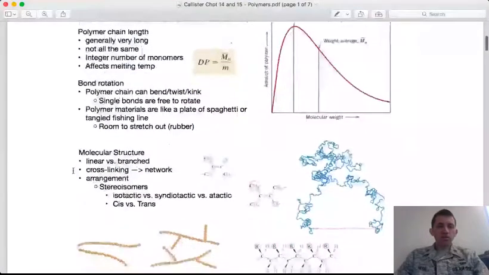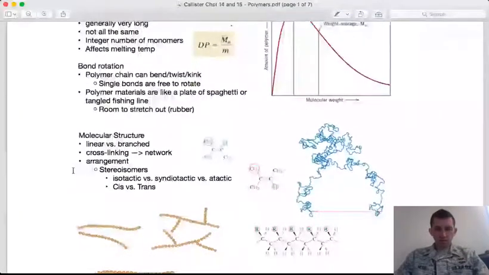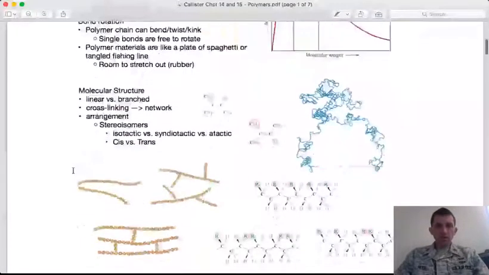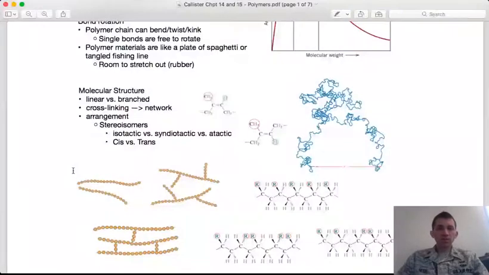What you end up with, and the mental picture that I like to think about, is that a polymer material has many chains, and they're all twisted and kinked and intertwined with one another. You can think about it on a molecular level as like a plate of cooked spaghetti, or like a tangled fishing line.